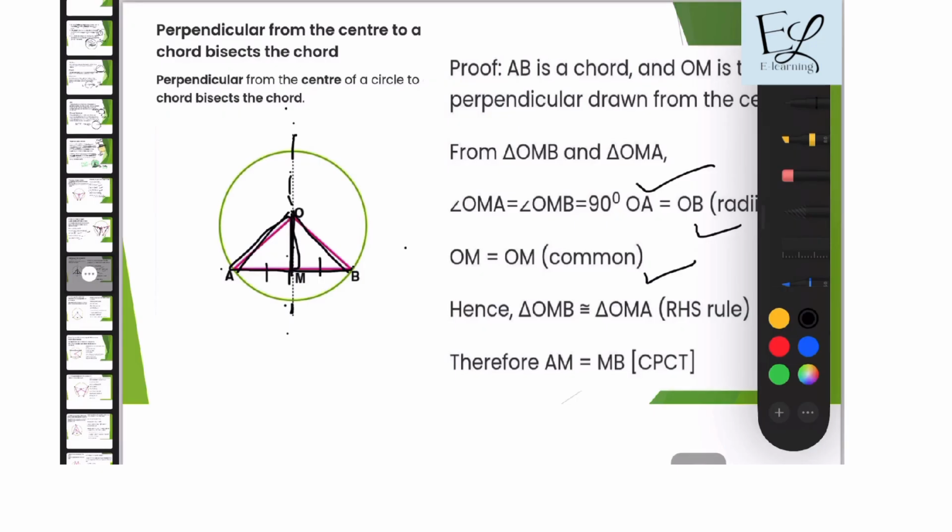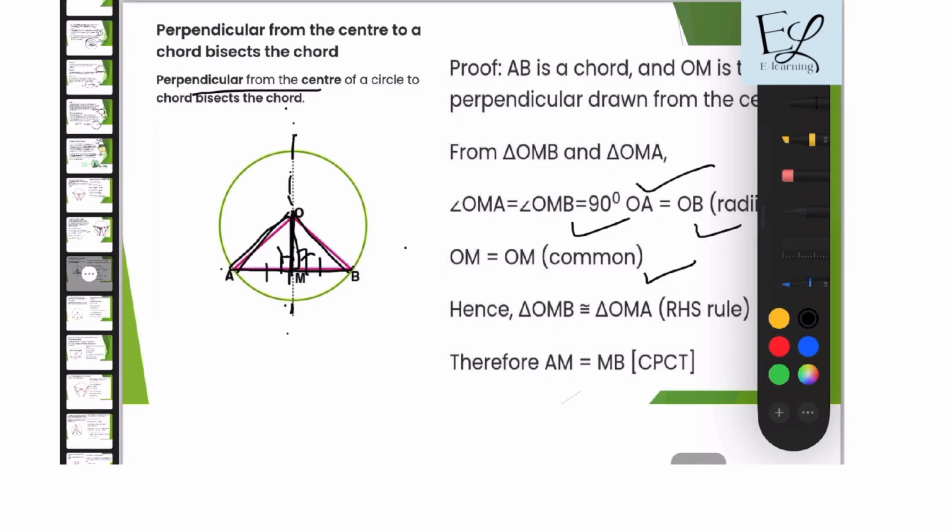Next, now look at this. The question says perpendicular from center. Perpendicular from center means it is making 90 degrees, right? So this angle is also 90 degrees, and this angle is also 90 degrees. So angle OMA and OMB are equal to 90 degrees. We had to give three things to prove the congruency of two triangles, and we have given these three things.